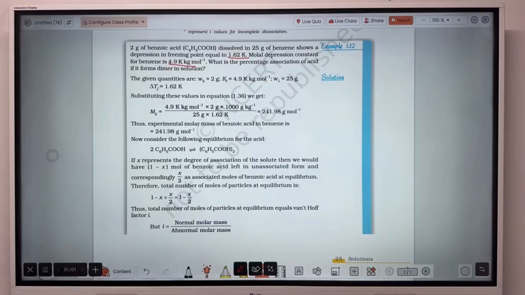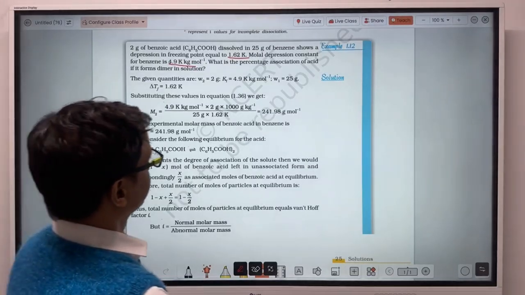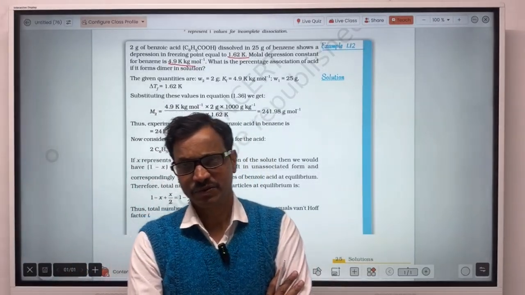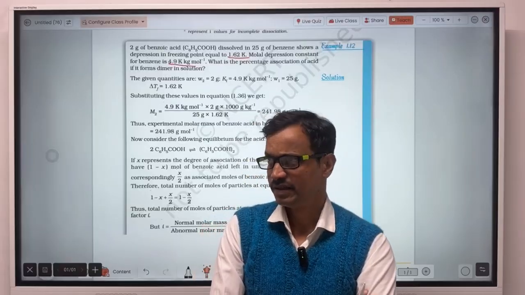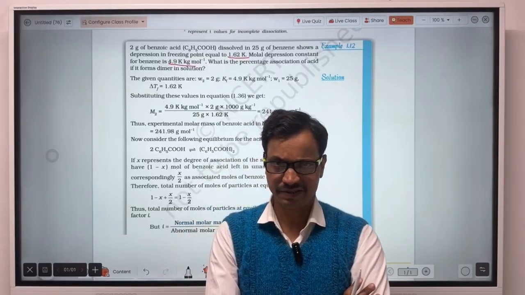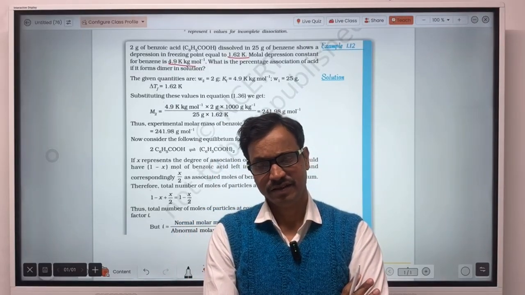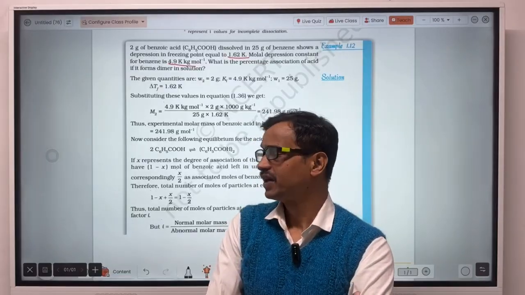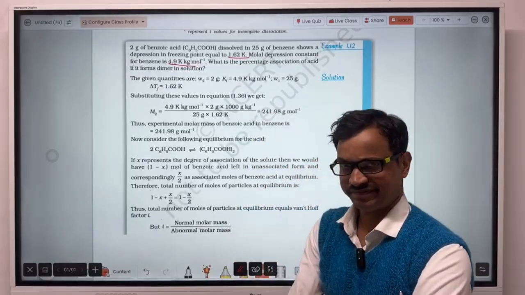So let's see here, the observed colligative property has been given. Calculate what the depression in freezing point will be without considering the association of the benzoic acid.